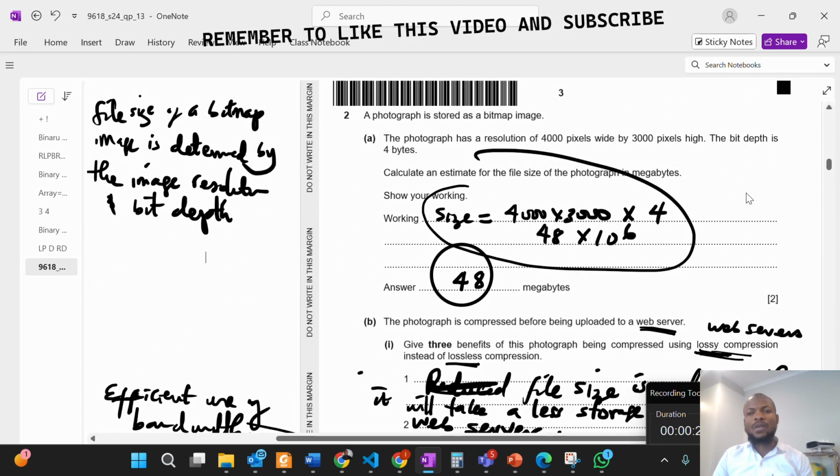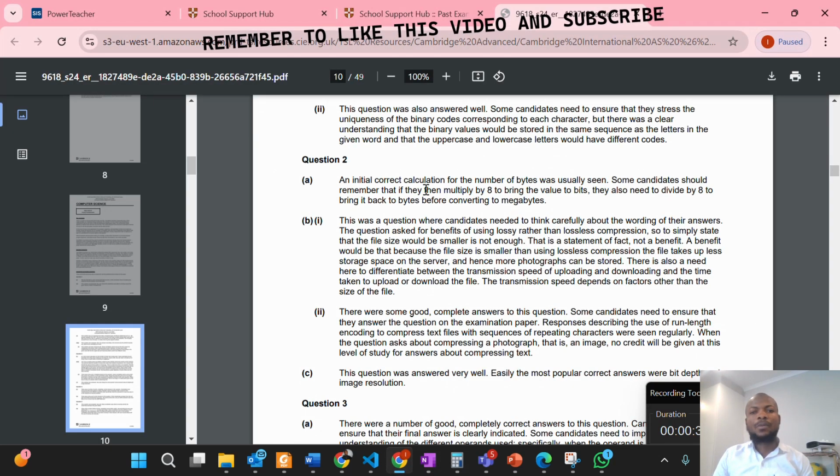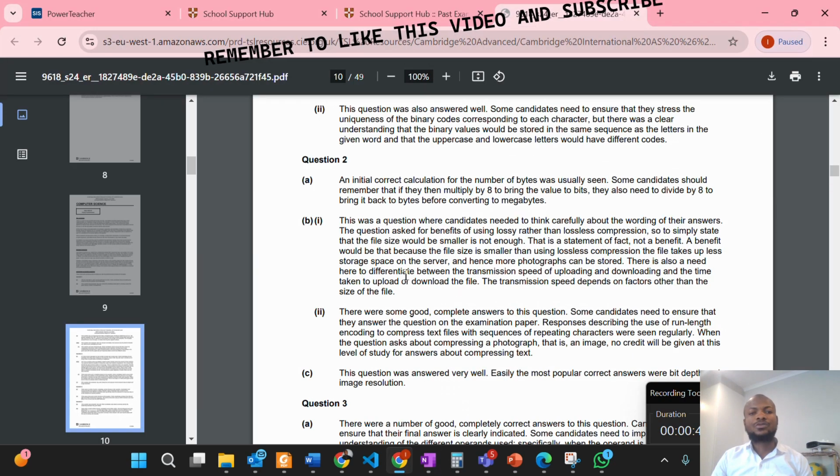The report is saying that if they multiply by 8, they still need to divide by 8 to bring it back to bytes, because multiplying by 8 brings the value to bits. So you must divide by 8 to take it back to bytes, which is a common mistake some candidates made in the examination.